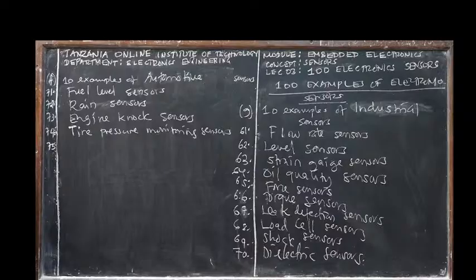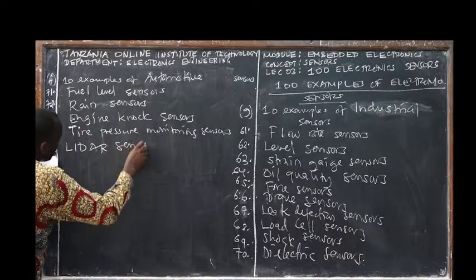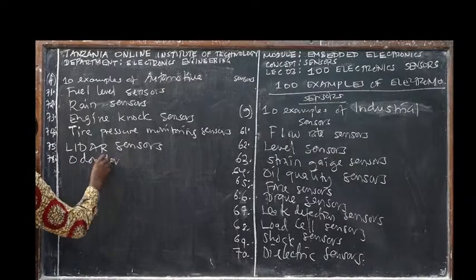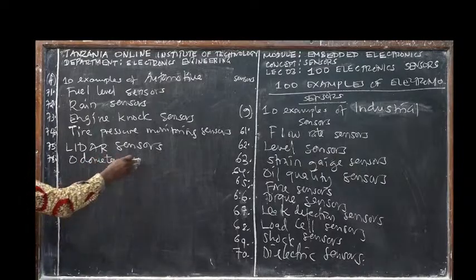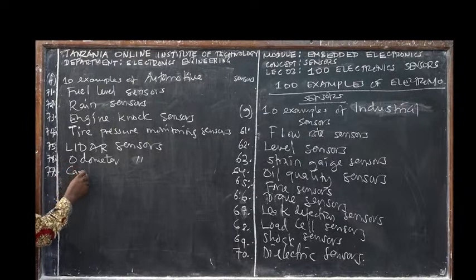Example 75 is called the LiDAR sensor. Say LiDAR sensors. Example 76 is called the odometer. Say odometer sensors. 77, it's called the camshaft.